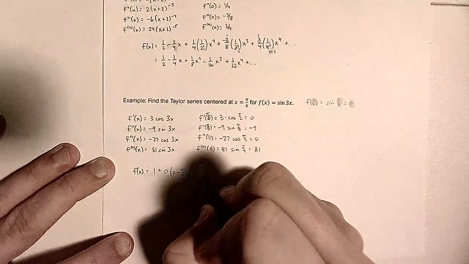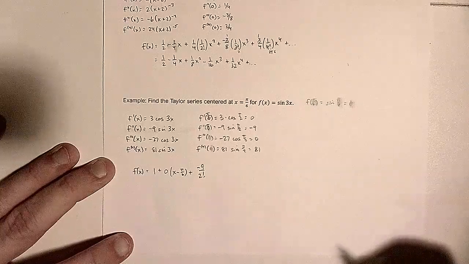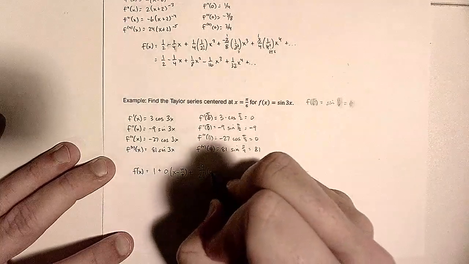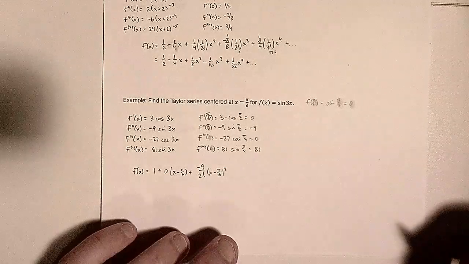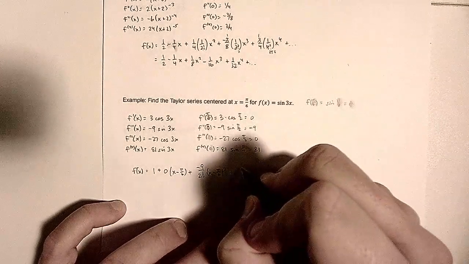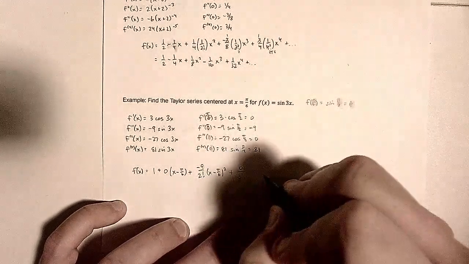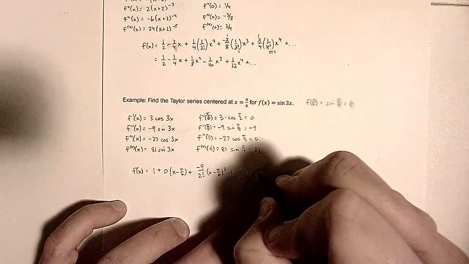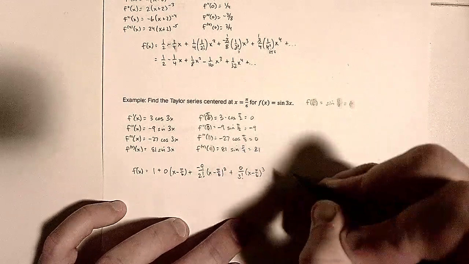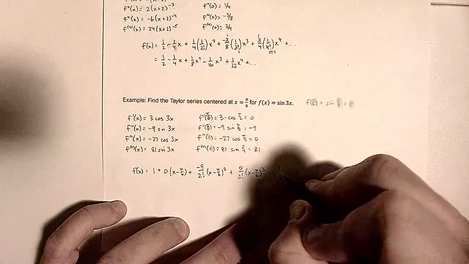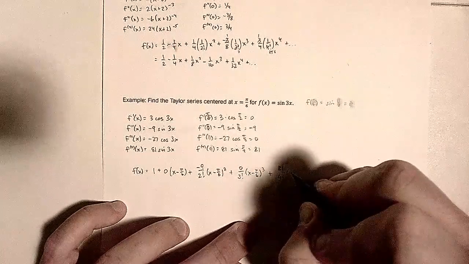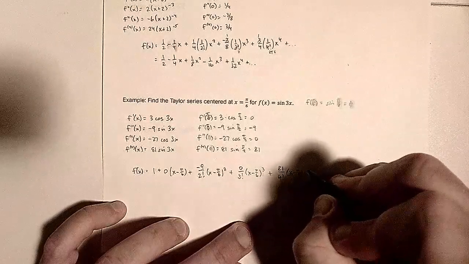We have the 2 factorial underneath there. X minus pi over 6 squared plus 0 over 3 factorial times x minus pi over 6 cubed. And last one, 81 over 4 factorial times x minus pi over 6 to the 4th.